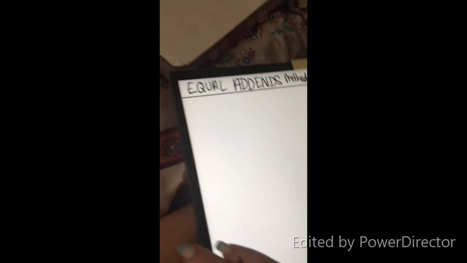So the next method we're going to talk about is actually a subtraction method. We are going to talk about the equal add-ins method, which is where you take two numbers that you're subtracting from each other and you add different numbers to each number in order to make it easier to subtract. So we're going to start with a pretty simple one.